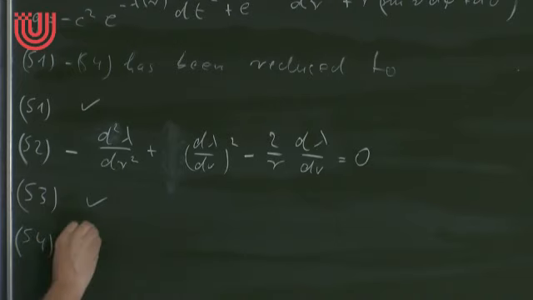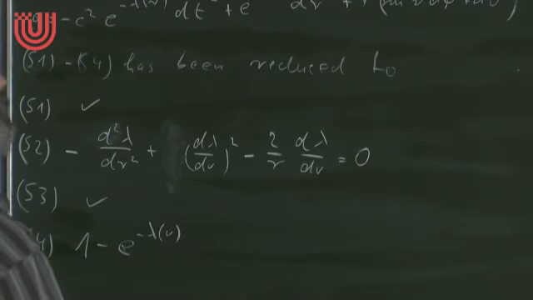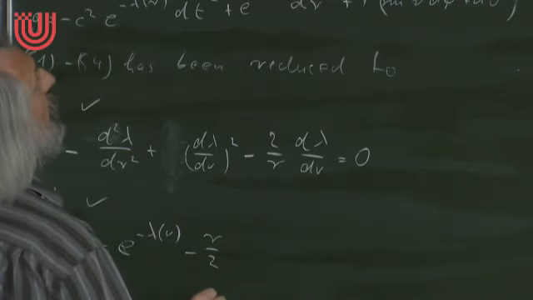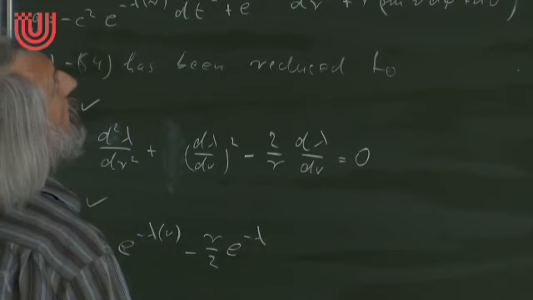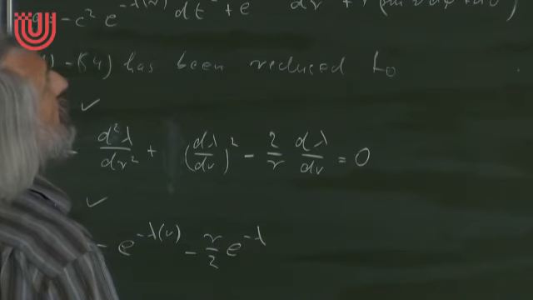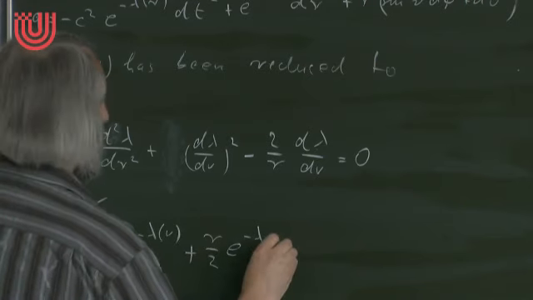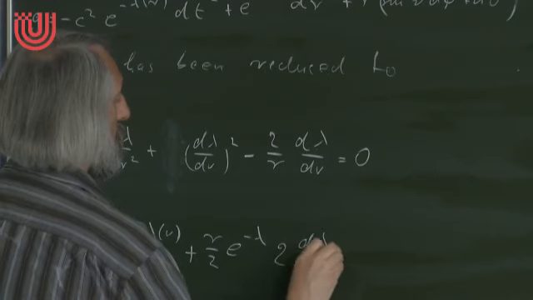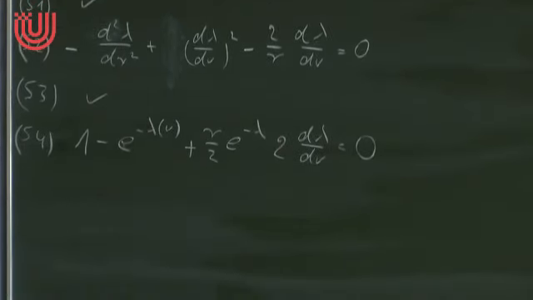S4 gives 1 minus e to the minus lambda, which is a function of r only, minus 1/2 e to the minus lambda. And nu is minus lambda, so I get minus 2 d lambda by dr. So that's the system we have to solve.